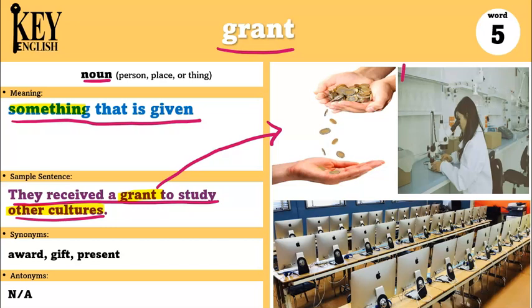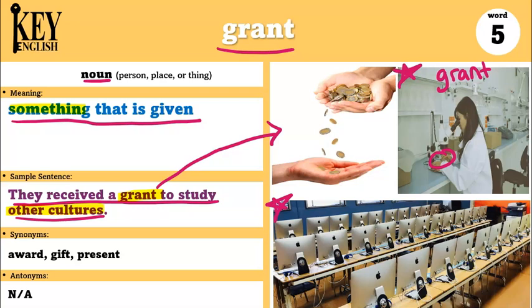We can also use it as a scientist who wants to study about maybe bacteria or viruses or germs. They need money so that they can study about it. So we can say the university gave them a grant. Or maybe the government gave them a grant to study more about coronavirus. And we can also use it in this way.